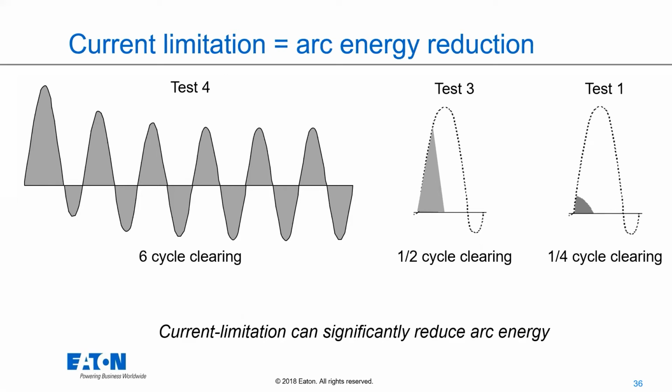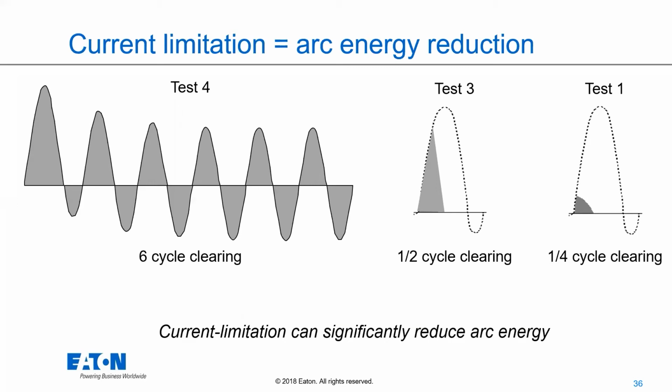So that first test that we saw, 6-cycle clearing, exactly the way that breaker was supposed to work, all of that right there is my 6 cycles, and all of the energy underneath of that curve gets through. The next test that we had, half cycle clearing time, and the other one was also less than a half cycle, quarter cycle clearing time, much smaller amounts of energy getting through there.